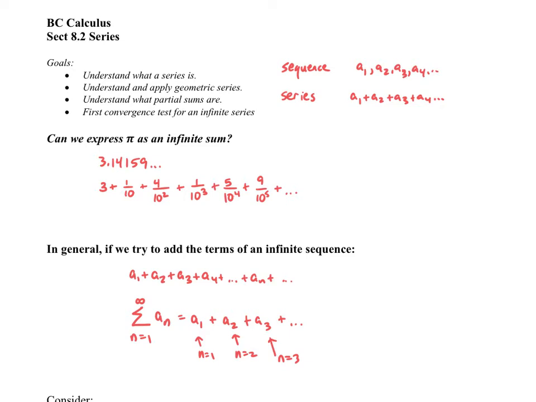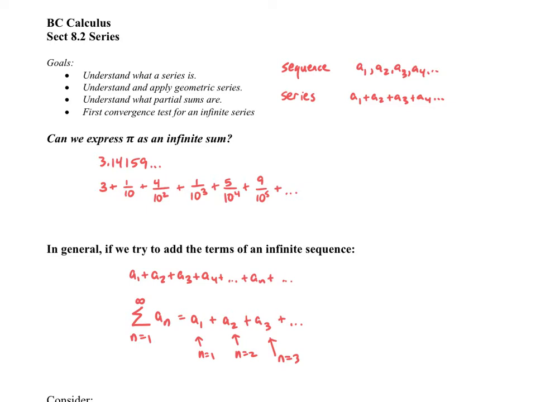Other times we're going to be able to determine whether or not it converges to a value, but we may not be able to find that actual value. We may simply just know that it does converge to a sum. And then we may have series where it's very obvious that it will never add up to a value. It will just either continue to grow or continue to alternate back and forth between positive and negative numbers. And that's really our task here with series.